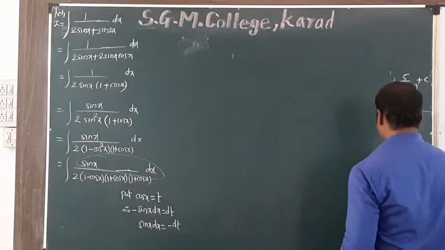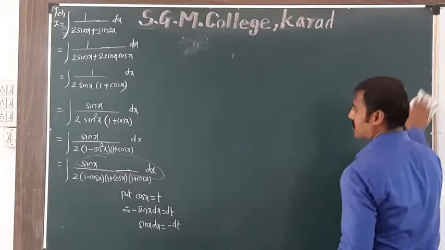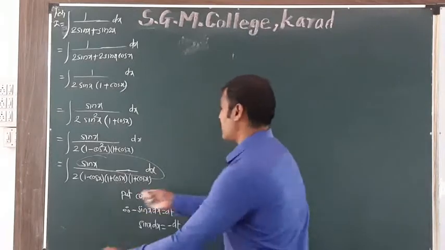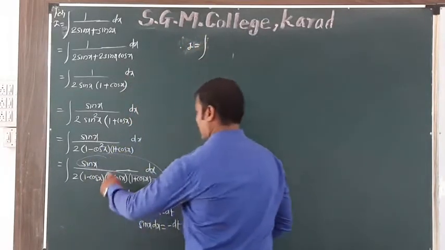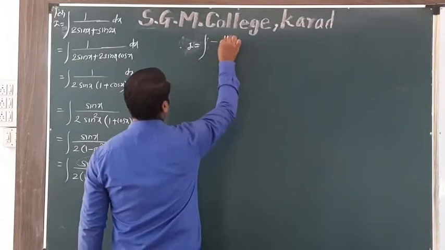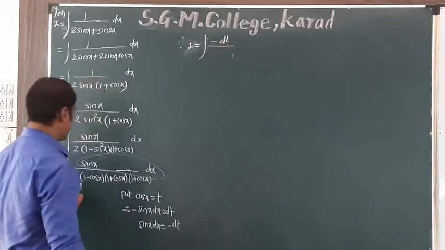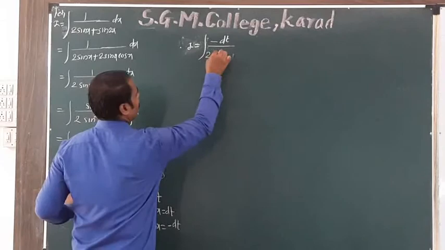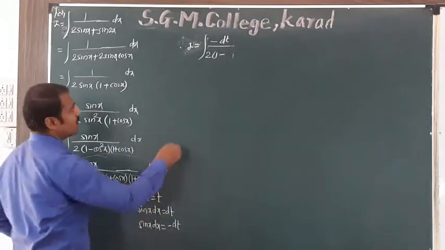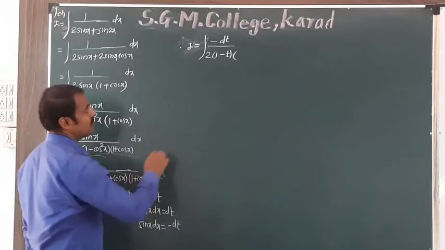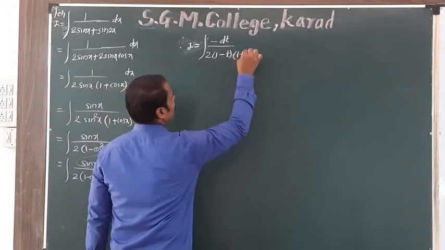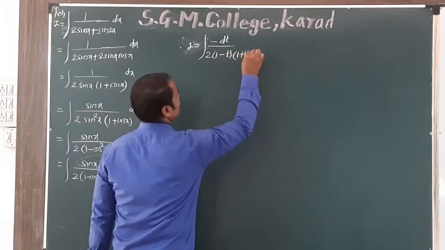So integration becomes I is equal to integration of minus dt divided by 2 into 1 minus cos x, which is t, so 1 minus t into 1 plus t into 1 plus t.